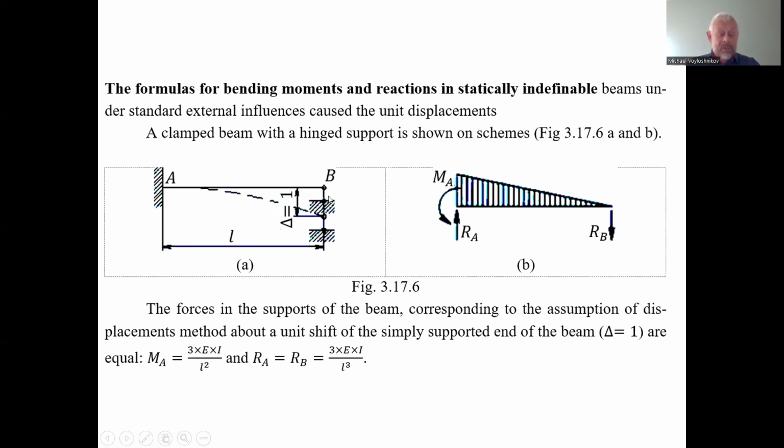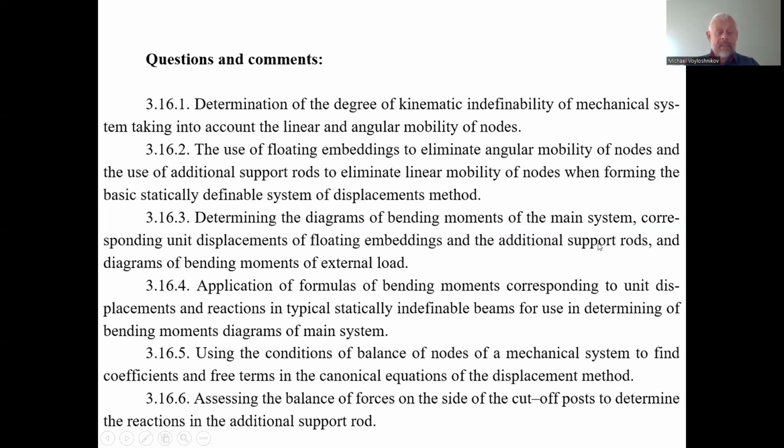If this hinge moves exactly by a unit displacement, what will be the magnitudes of the bending moments on the diagram indicated, and the magnitudes of the arising bending moments, forces and support reactions. The number of options of single span two supported beams is not limited to the considered set.